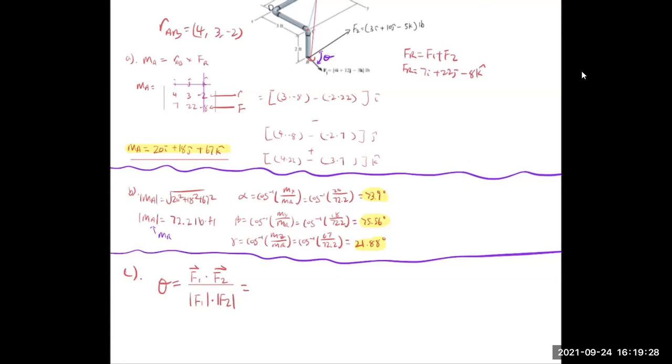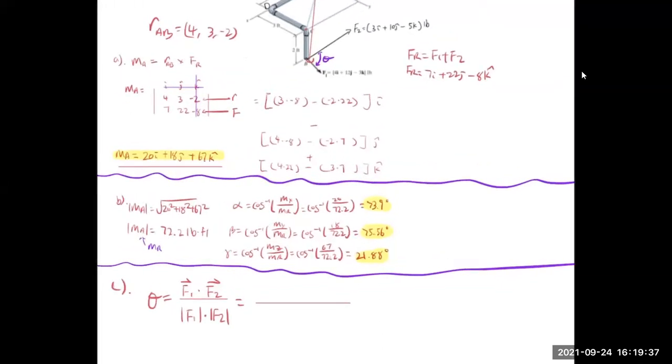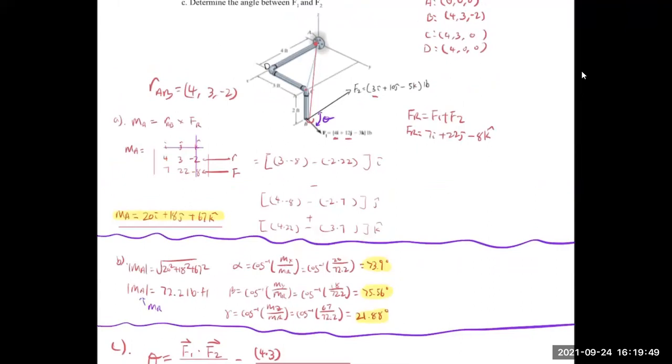Okay, and then F1 dot F2 will be 4 multiplied by 3 because you multiply F1x by F2x, and then F1y by F2y, and then you do F1z multiplied by F2z.